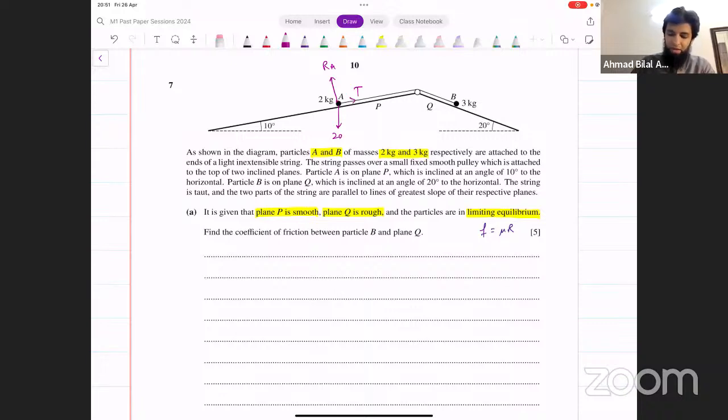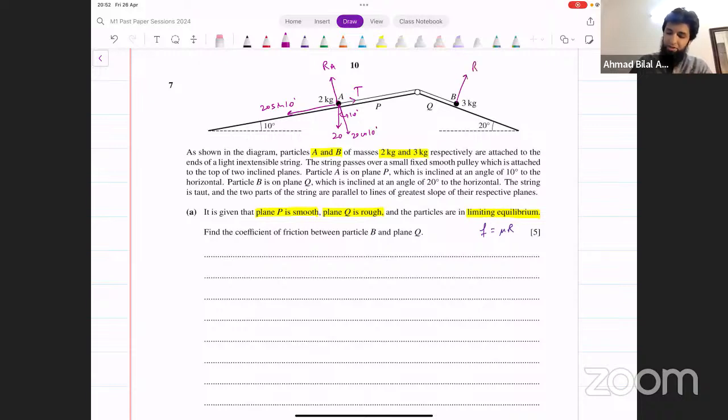The components of weight here are going to be this. This angle is 10 degrees. So this component will be 20 cos 10. And the other will be acting down the plane, which is 20 sin 10. These are all the forces acting on the object A. Similarly, let's write down the forces acting on the object B. What are those forces?